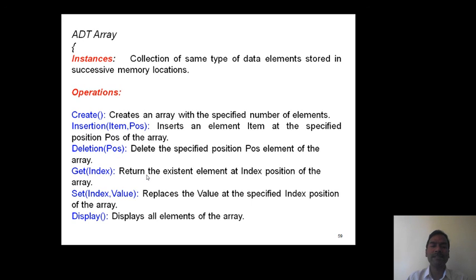Get function is used to return the existing element at the index position of the array. Set function is designed to replace the value at the specified index position of the array. And display function is used to print the elements of the array. So this one, array abstract data type.